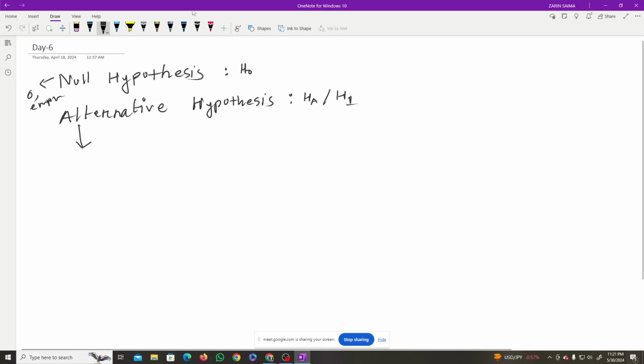So let's see a few examples. Firstly, let's see if a statement is worthy of hypothesis testing or not. Suppose your statement is apples in New York City are expensive.